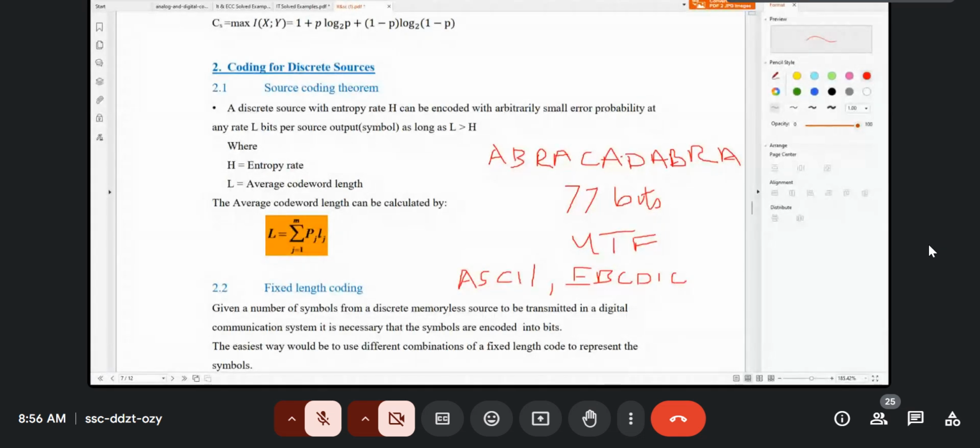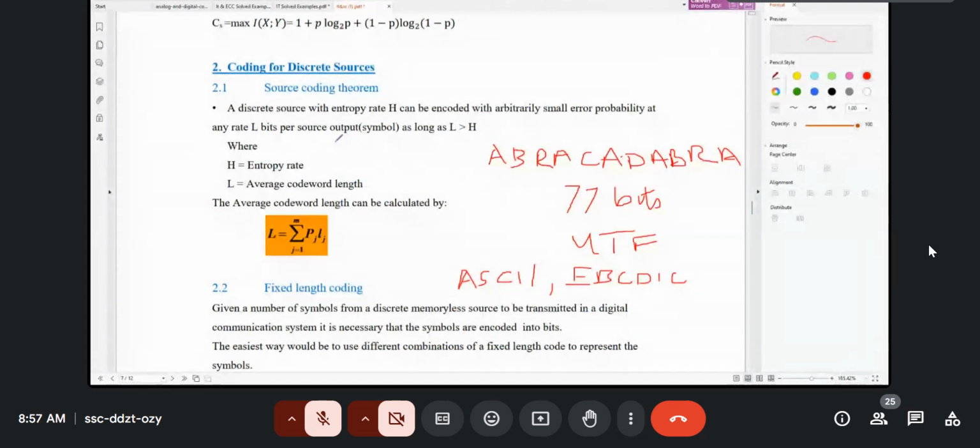Now for these symbols, what is important is this source coding theorem, which says that a discrete source with entropy H can be encoded with arbitrarily small error probability at any rate L bits per source output, as long as L is greater than H. Actually, this L is the average bits per source.